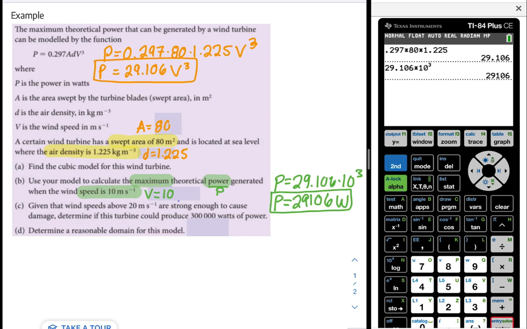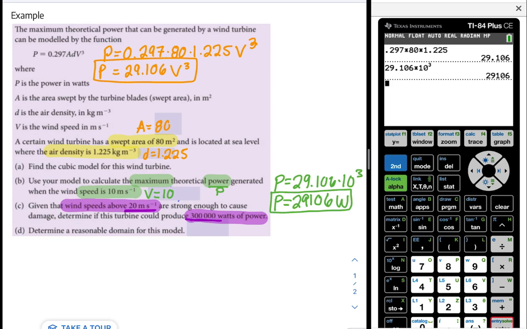Part C. Given that wind speeds above 20 meters per second are strong enough to cause damage, determine if the wind turbine could produce 300,000 watts. For this question, we need to compare what happens when we have a speed of 20 meters per second with the watts produced.